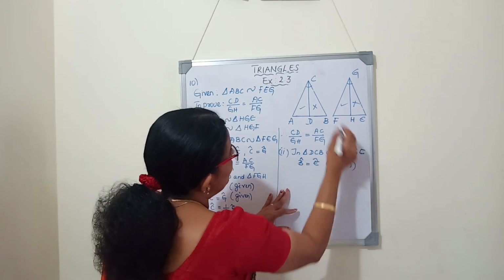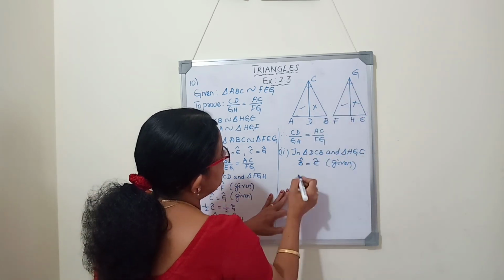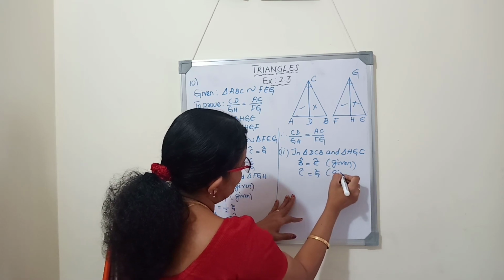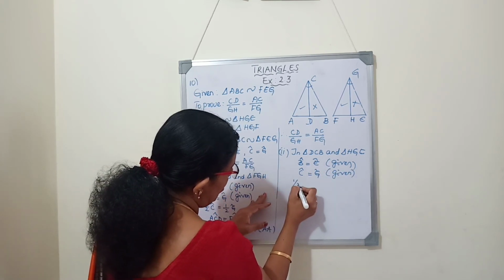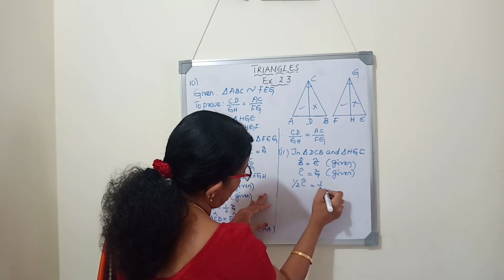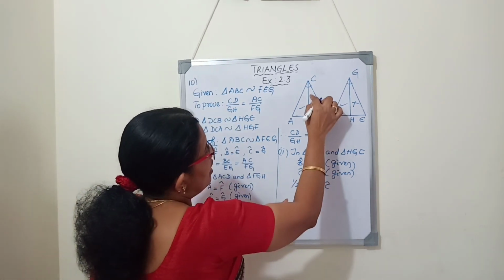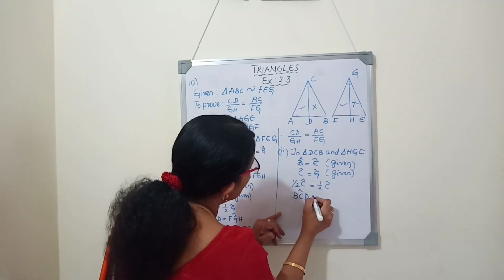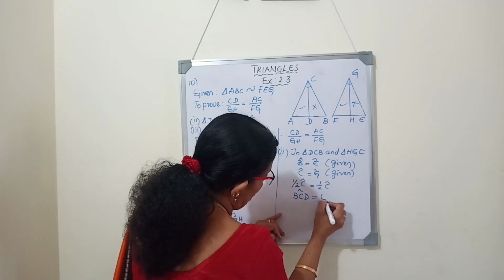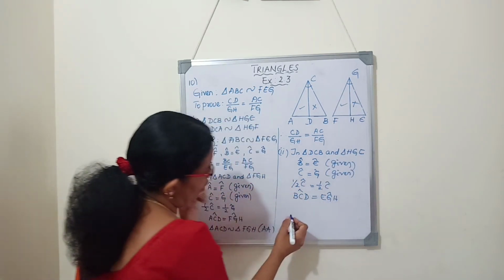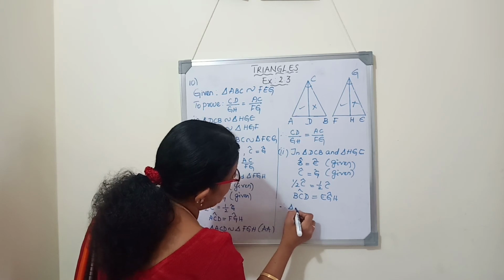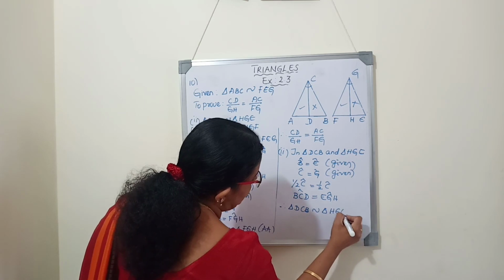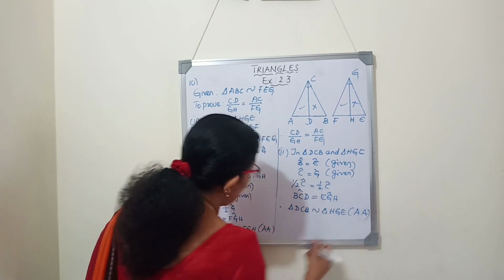In the same way, angle C is equal to angle G, that is also given. We'll take half of C and half of G. Multiplying both sides by half, we get angle BCD is equal to EGH. Therefore, two angles are equal, so the triangles are similar by AA criteria.